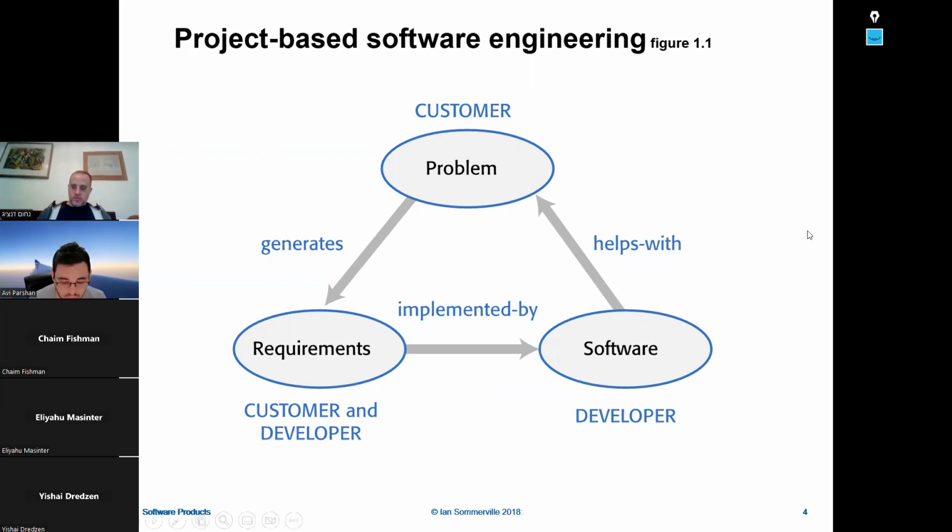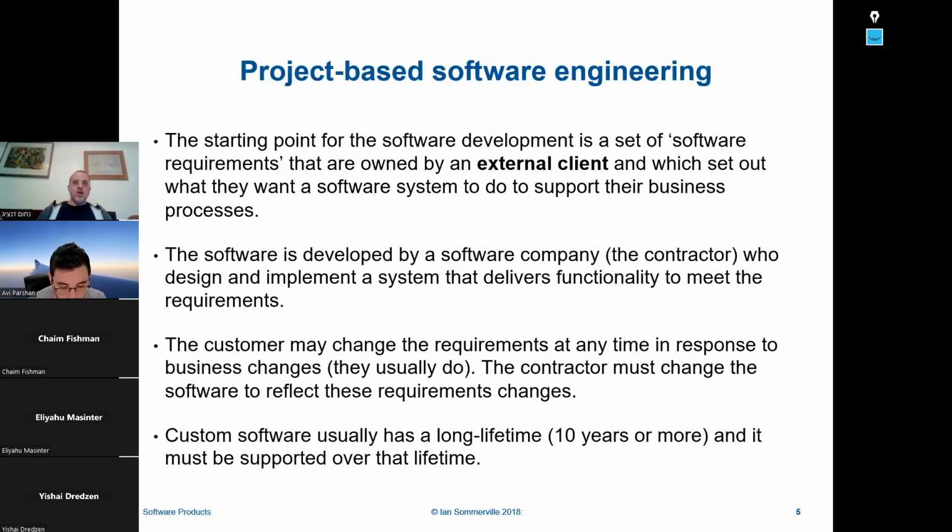The starting point for project-based software engineering is a set of requirements that are owned by the client and which set out what they want a software system to support. They define what they want. The software is developed by the software company, which is like a contractor. He's hired by the client, and he delivers the functionality to meet those requirements.